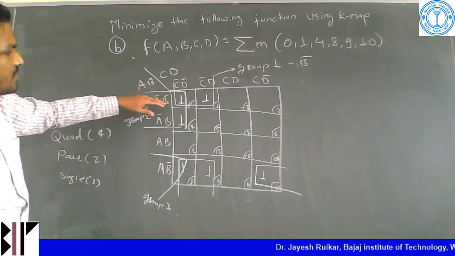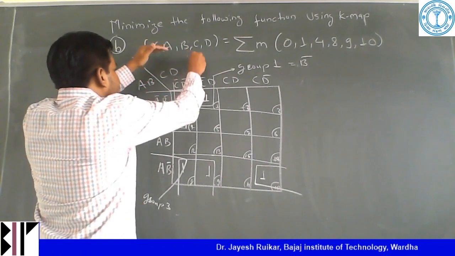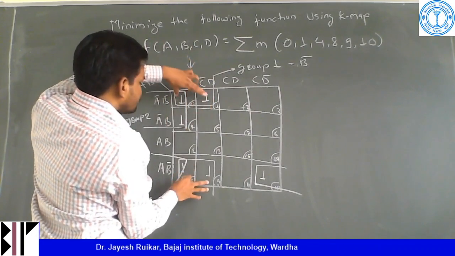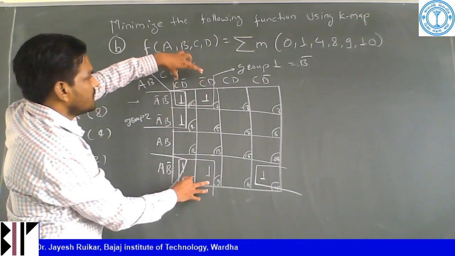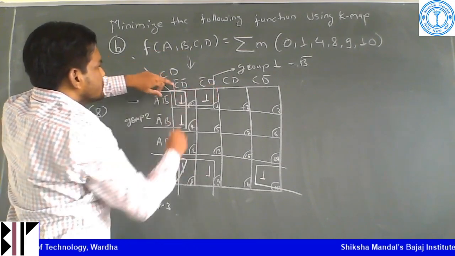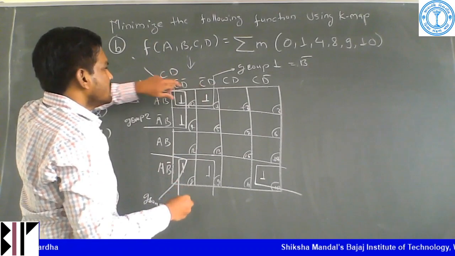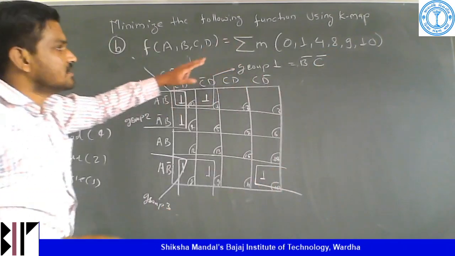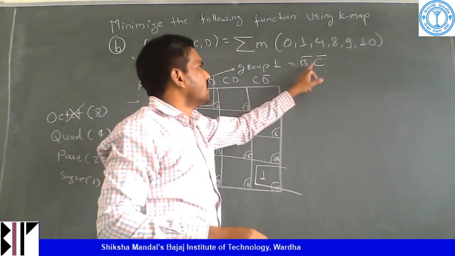When we look from the top side, C bar D bar and C D bar are there. So these 4 ones can be combined using C bar D bar and C bar D. So C bar is common, D bar and D are state changing, so C bar will be the equation. So group 1 equation is B bar dot C bar.